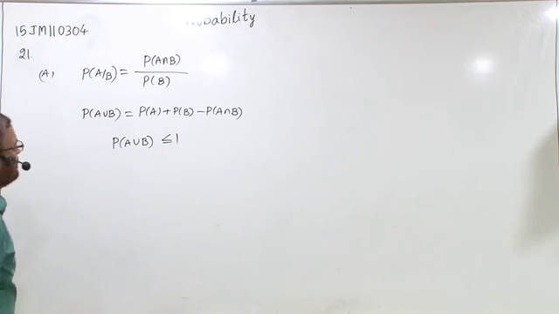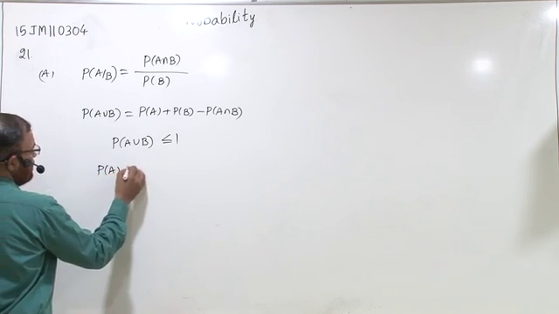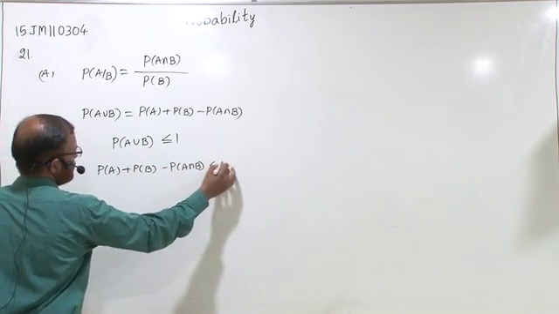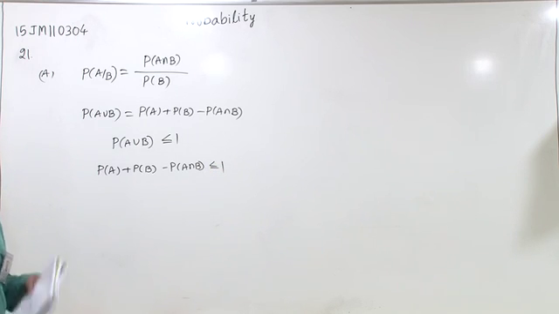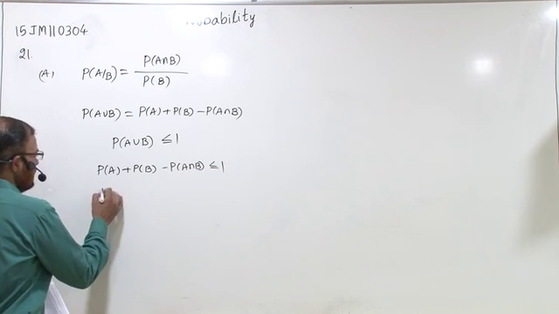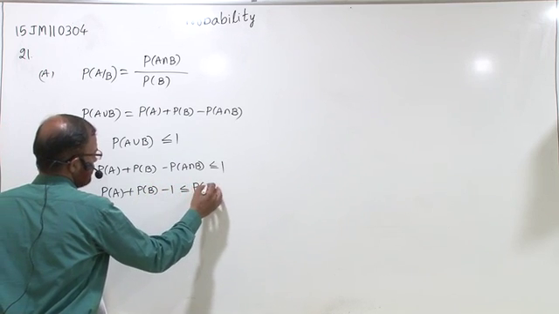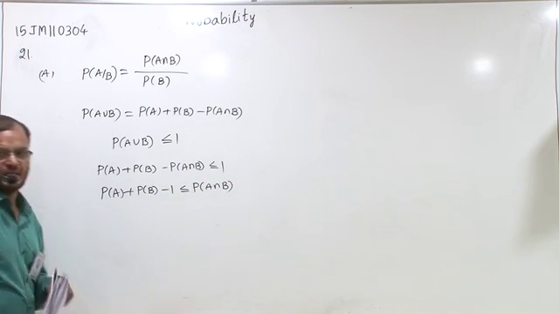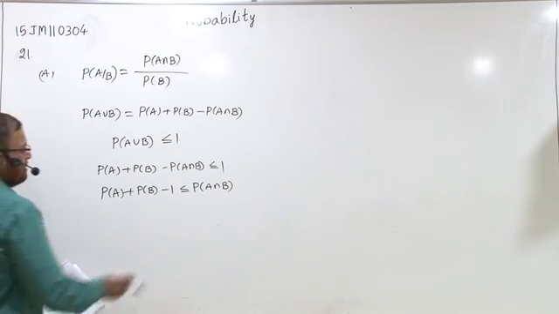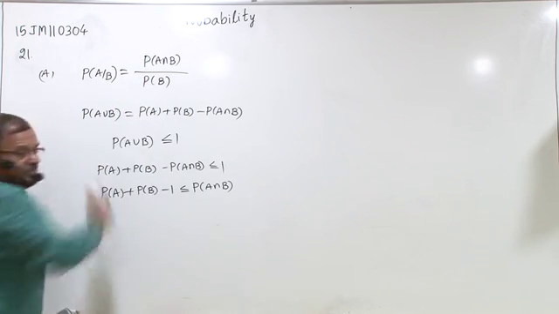That means the right side expression should also be less than or equal to 1. I can write probability of A plus probability of B minus probability of A intersection B is less than or equal to 1. We will swap this a bit, so that I can say probability of A plus probability of B minus 1 is less than or equal to probability of A intersection B. I mean to say I want this type of expression.